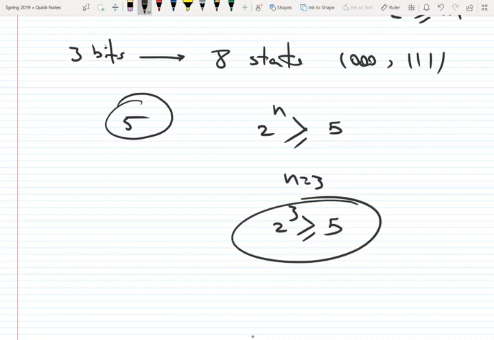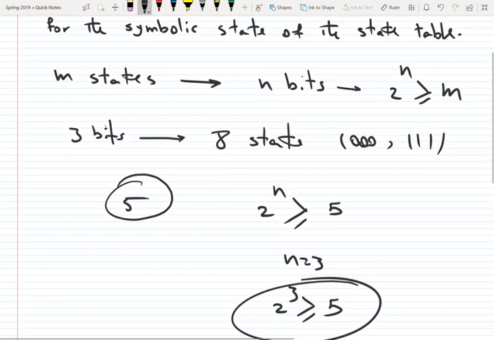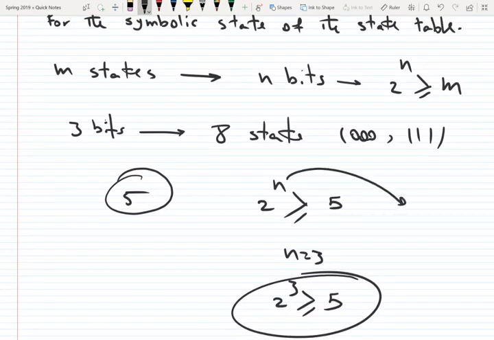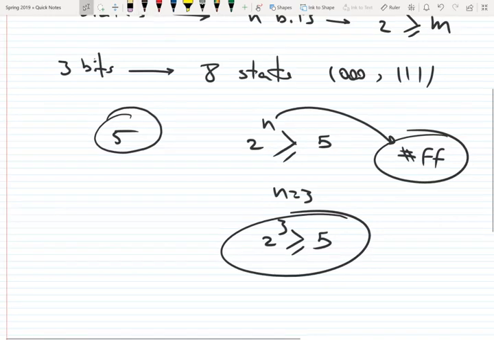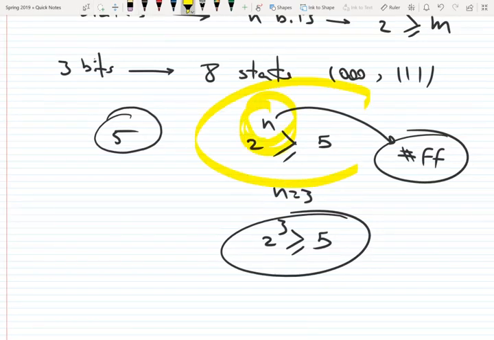This is the number of bits we need, and these n bits are in fact the number of flip-flops, because each flip-flop can represent 1 bit. So we should try to find the smallest n such that 2 to the power of n is at least the number of states. Any question?